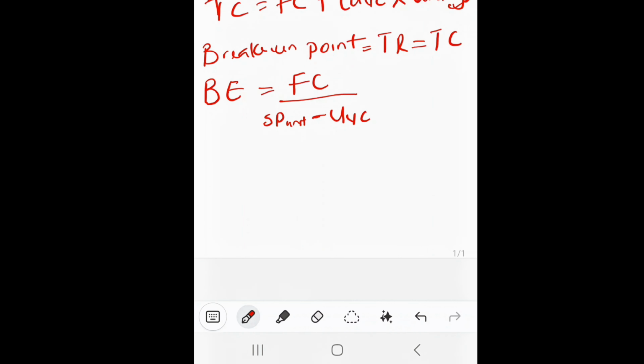Now, let's give an example. Let me write it here. Let's say our FC is $10,000. Our selling price per unit is $20. Our unit variable cost: for each item you are producing, what cost are you incurring? For each item you're buying from China, maybe you bought a dress from China at $20.